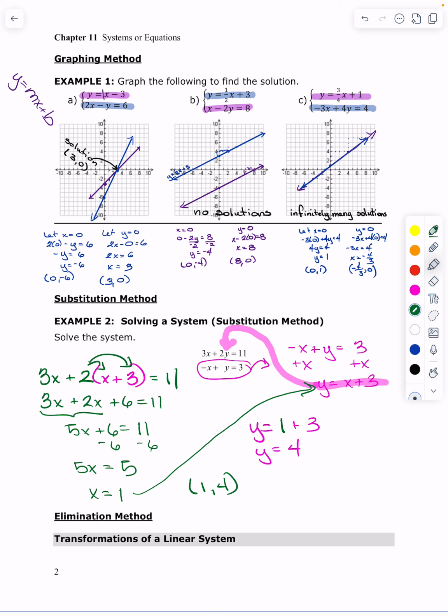And now what I'm going to do to make sure that works is plug it back into the top equation and solve just to double check. So here's our solution, the ordered pair (1, 4). This is where those two lines are going to intersect.